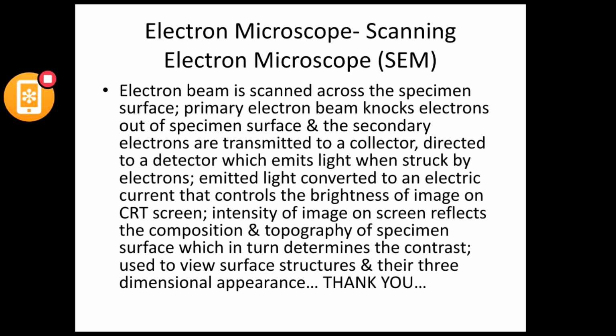So in scanning electron microscope, the electron beam is scanned across the specimen surface. So what is happening here? The primary electron beam knocks the electrons out from the specimen surface.